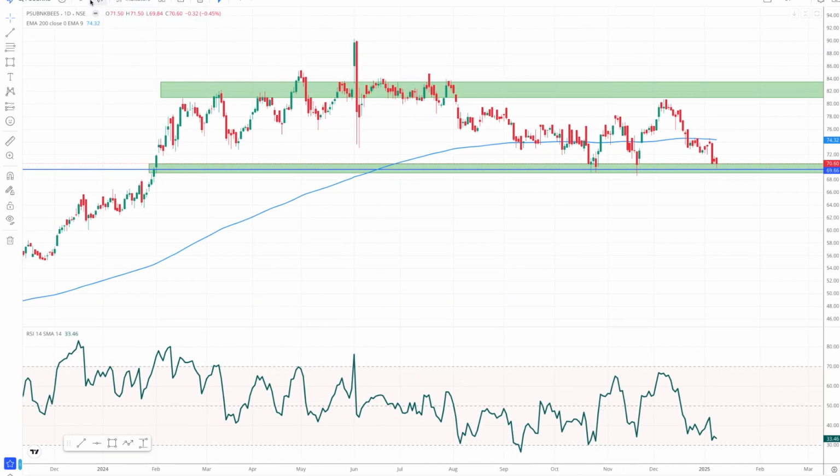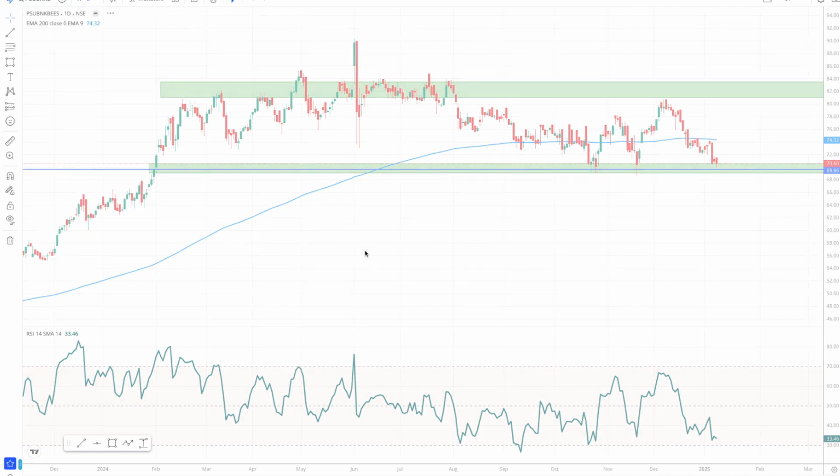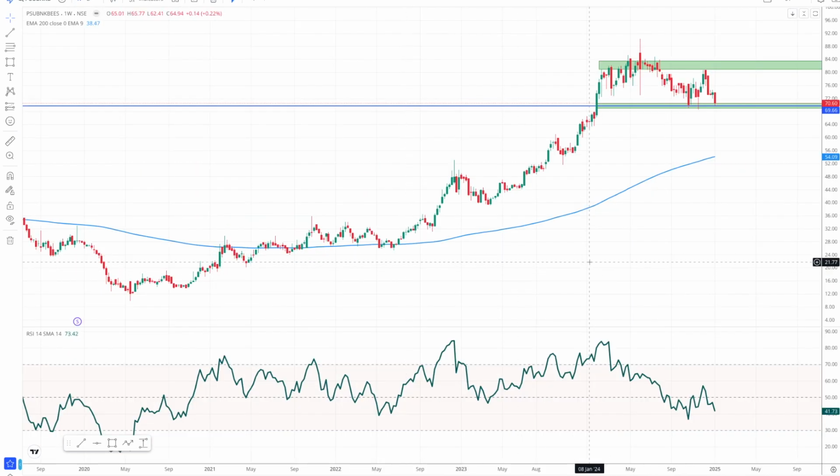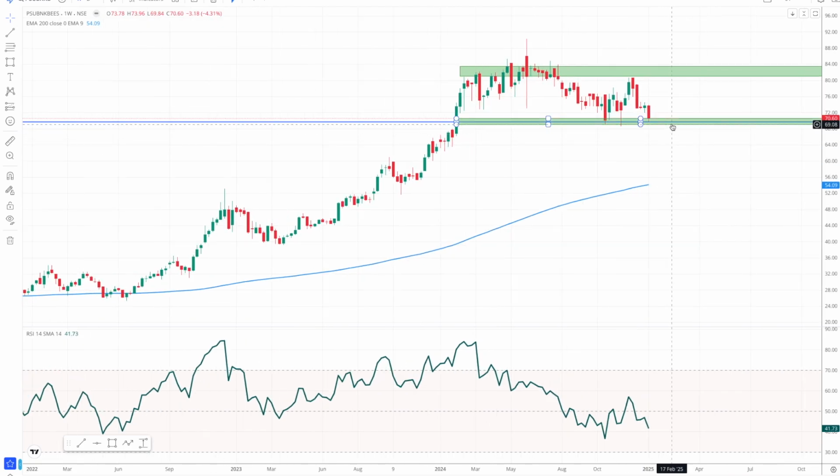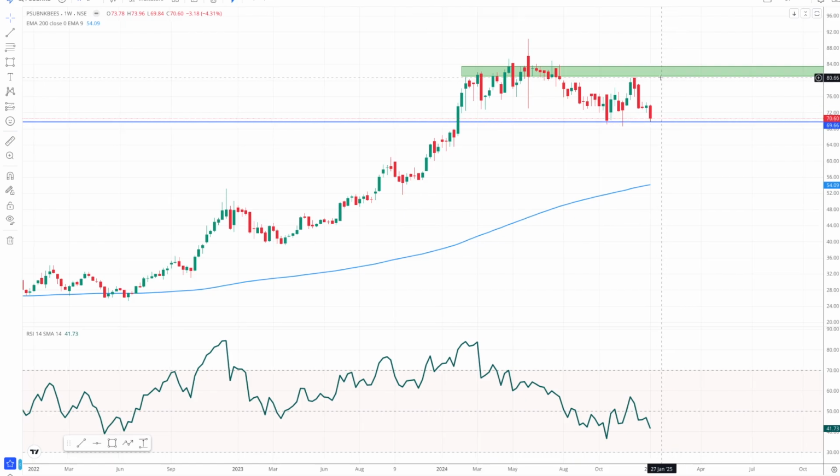Now I will switch over to the weekly time frame in the chart. In the weekly that you see, it is extended much more from the 200-day moving average. Okay, I can see a strong zone here which is around 65. So this daily zone I will take out for now. I don't need this.